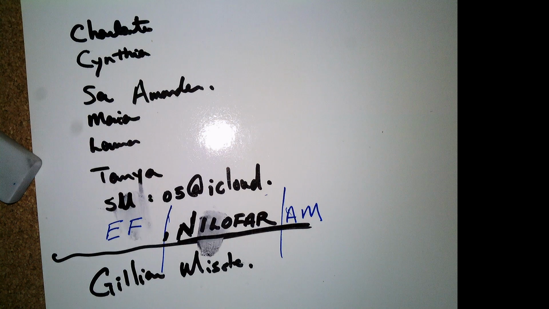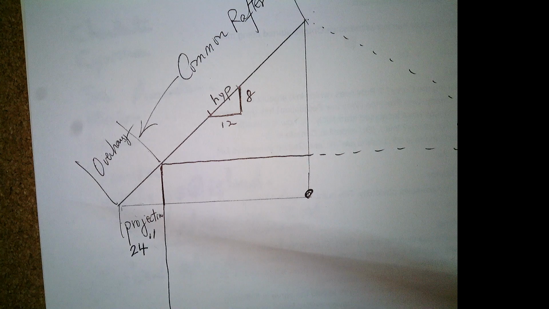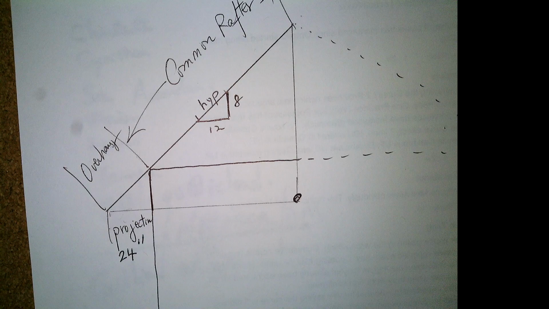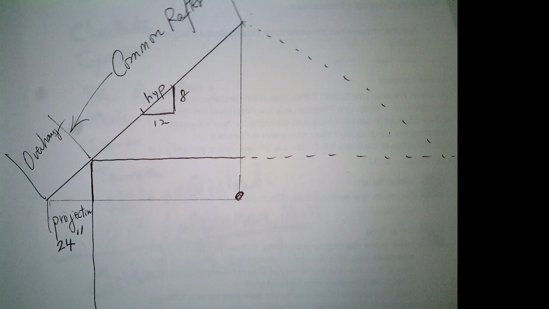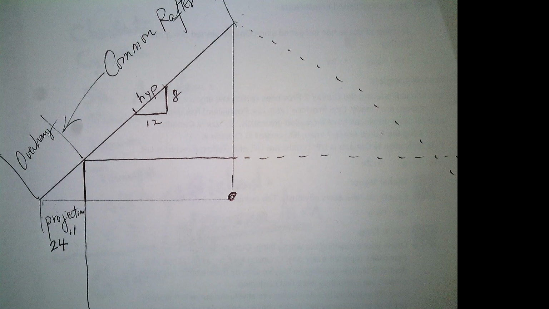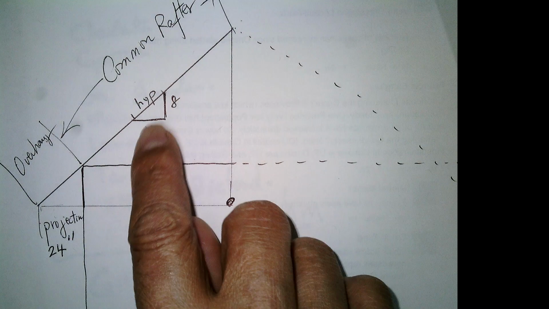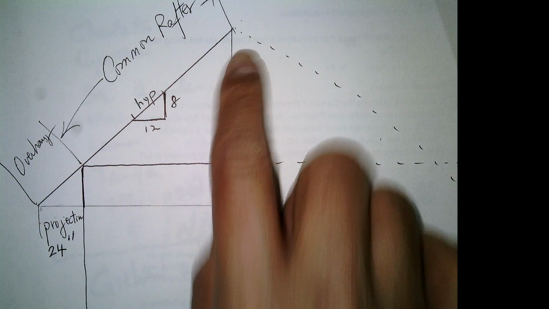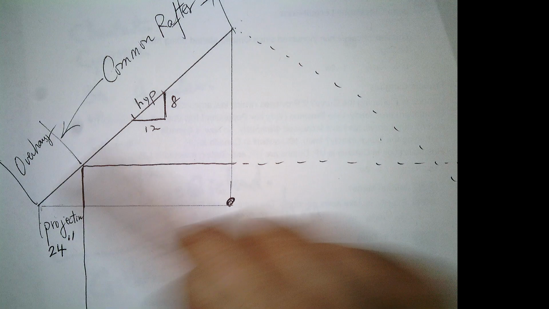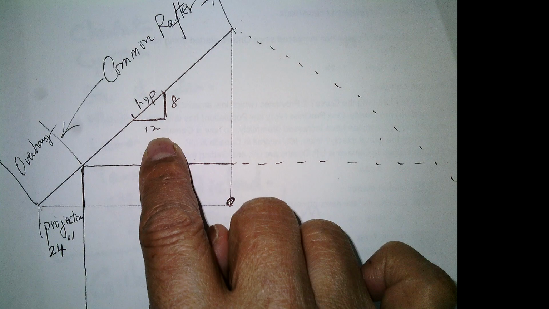And so the table basically shows you the slope is 8 over 12. Anywhere you want to measure the slope of the roof, it is 8 inches over 12 inches.